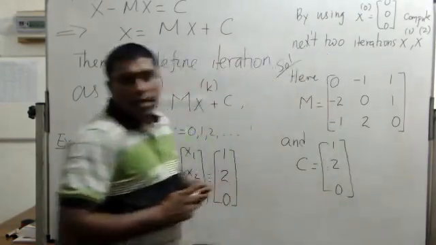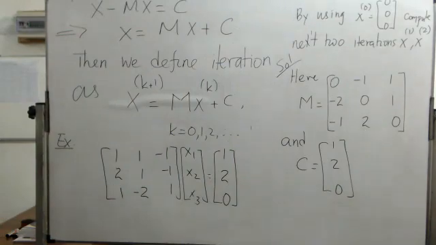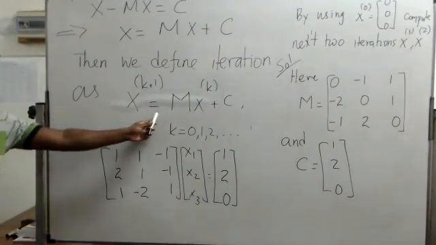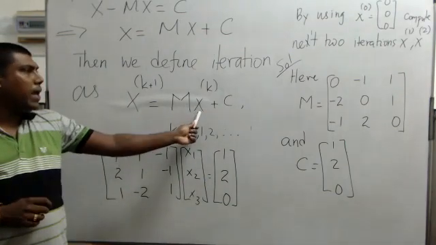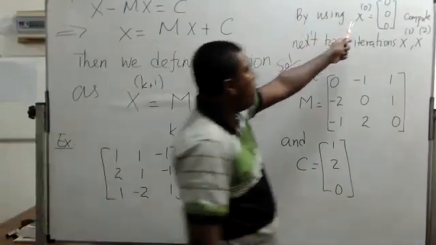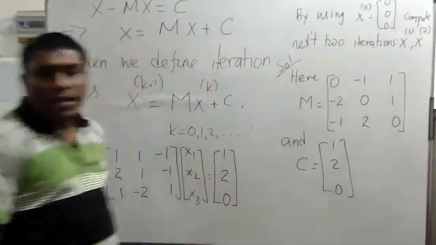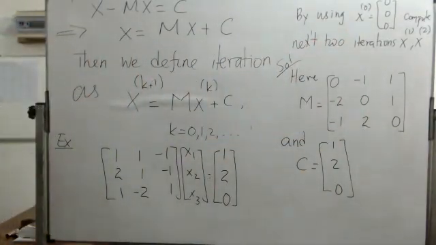So this is your c. Once you know M and c, you can apply the iteration, because those are the things you need to know: c, M and x naught. x naught is given.